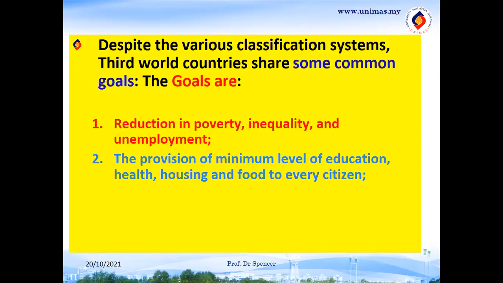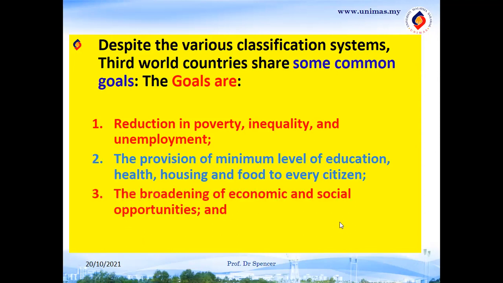The second goal is to provide a minimum level of education, health, housing, and food to every citizen. The third goal is to broaden the economic and social opportunities, in other words, widen the opportunities in terms of economics and social opportunities as well.